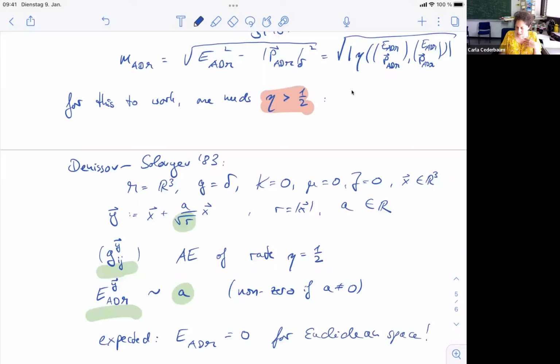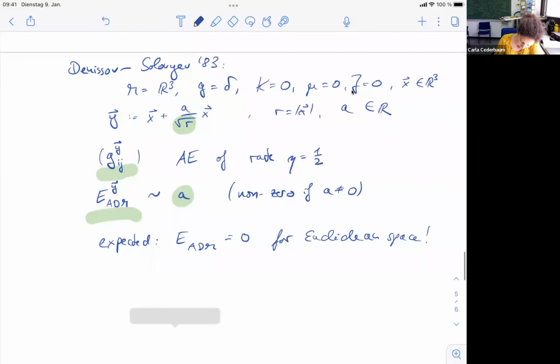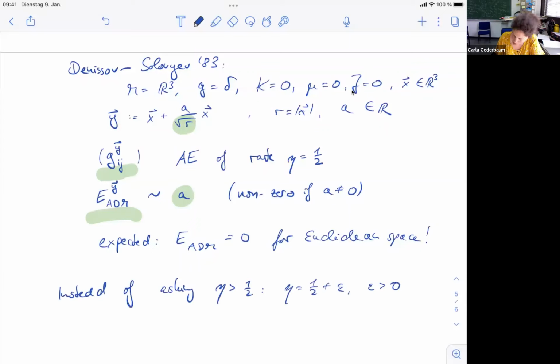That's why it's a good idea to exclude decay rates that are 1/2 or slower, and to assume that you have better decay than 1/2. And the way the mathematicians like to write this is, instead of asking eta bigger than 1/2, one typically sees that eta should be 1/2 plus epsilon for epsilon positive.